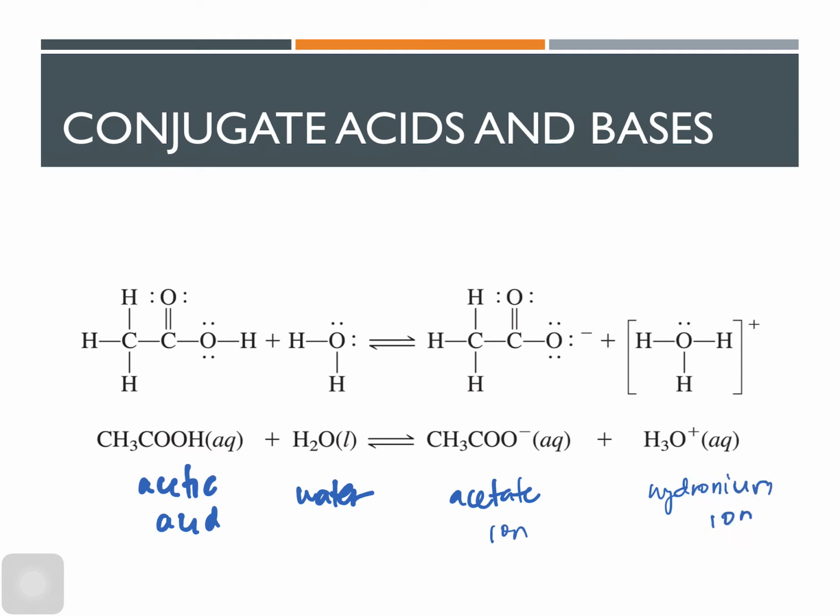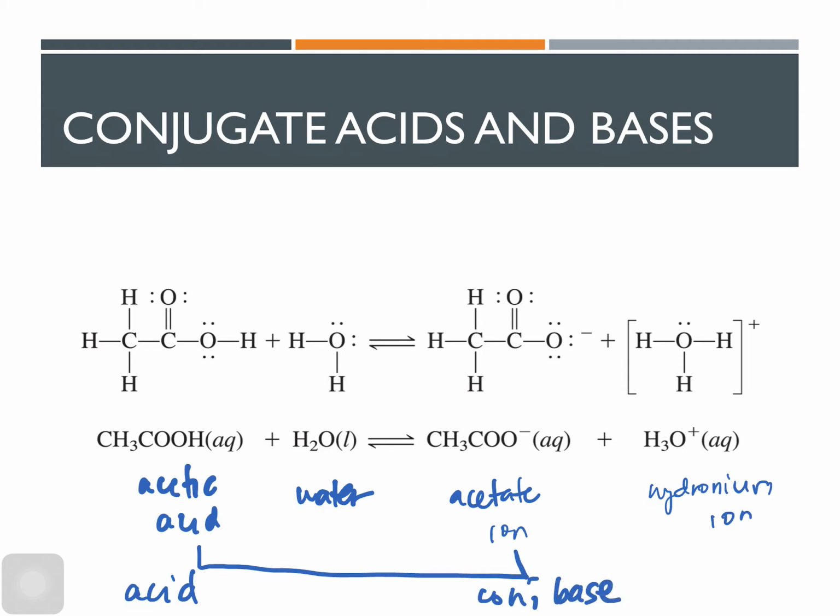As we can see here, the acetic acid and acetate ion are related. Since the acetic acid lost one hydrogen on the product side, that means acetic acid is an acid and acetate ion is a conjugate base.